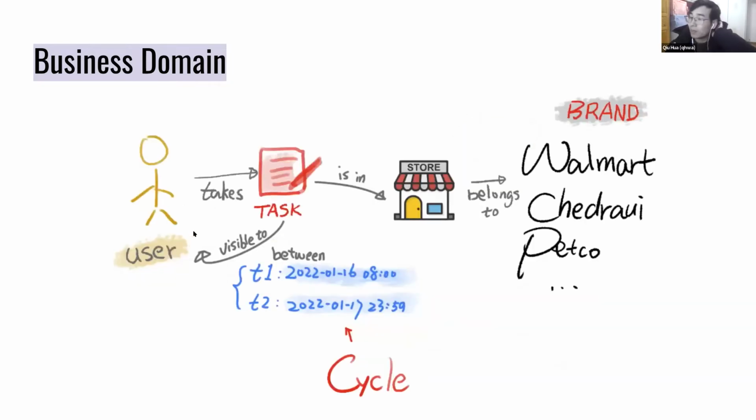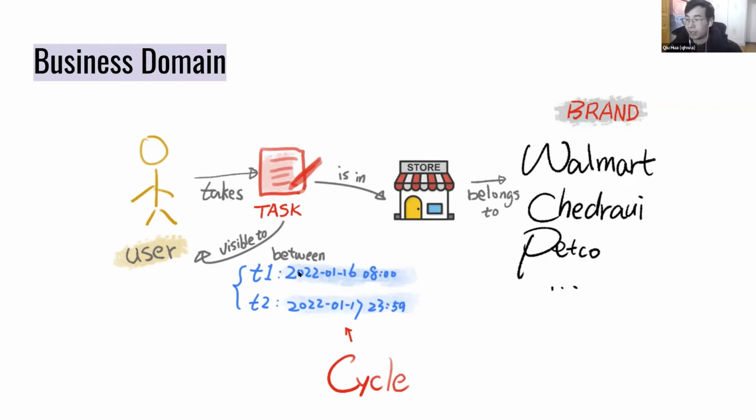If we zoom in on the domain model, we can see that each task is our core domain concept, and each user can take the task. Each task belongs to a store, and each store belongs to one brand. There's a time window for each task, because you want to receive your item in time, right?